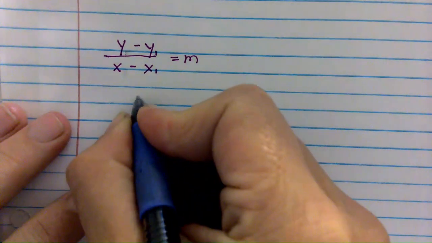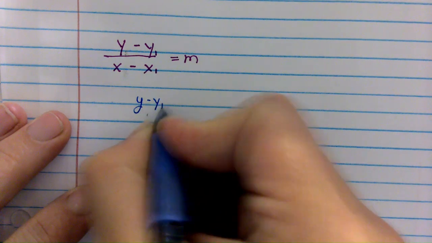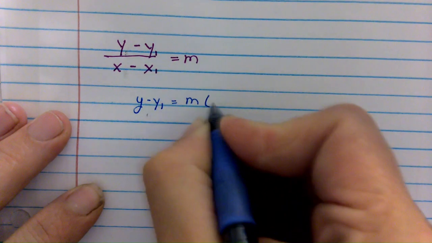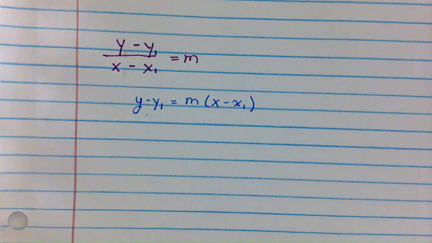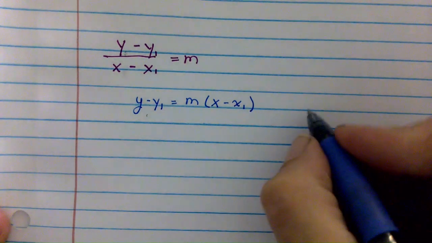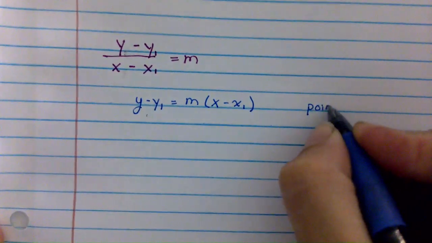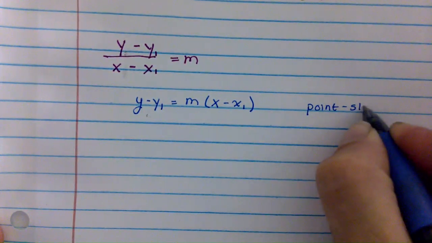So I have the slope formula, and that equals my slope, check. So if I don't want a fraction, I can multiply something to the other side, right? Welcome to what's known as point slope form.